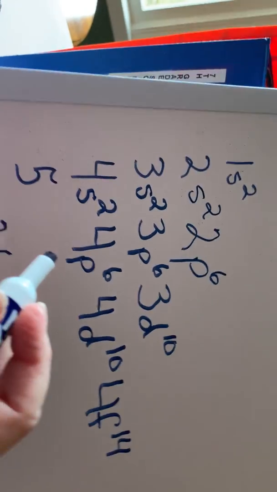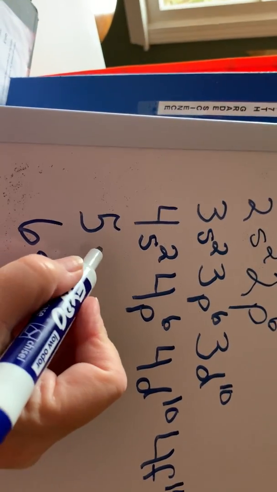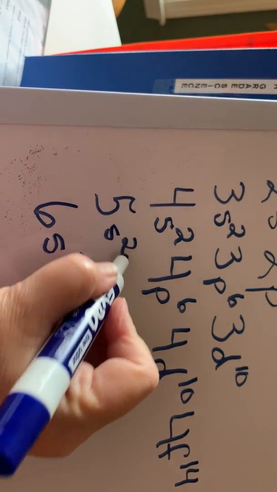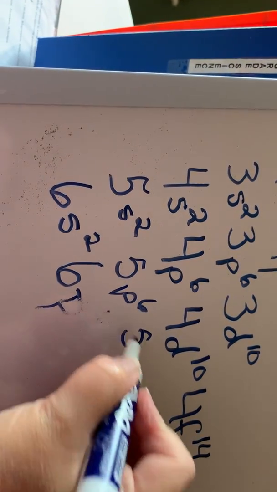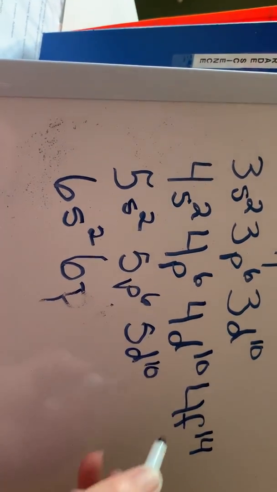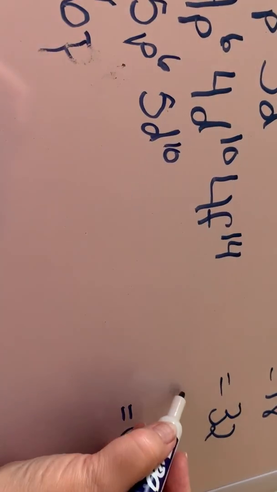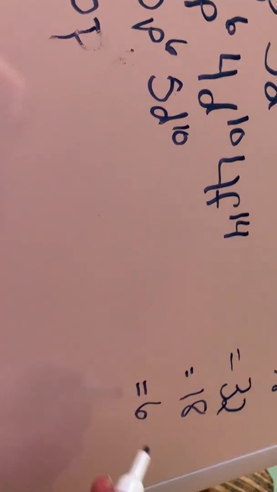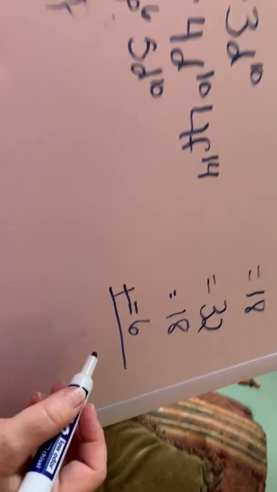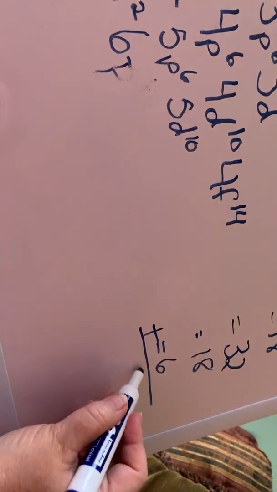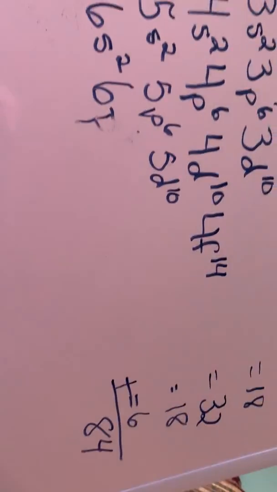So row 5 is going to be 5s2, 5p6, 5d10. That equals 18. To check yourself, you need to add all these up, and if they equal 84, we're good.